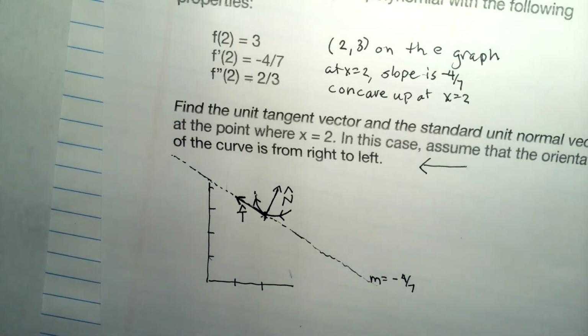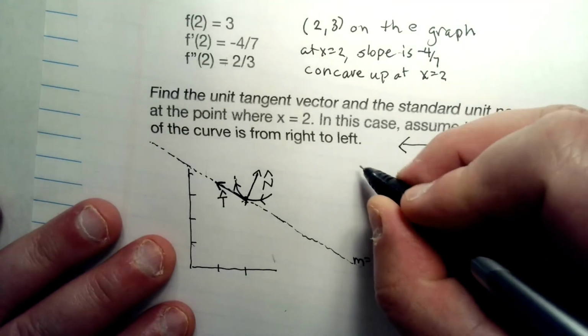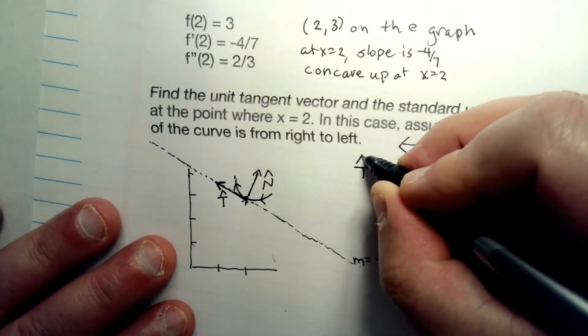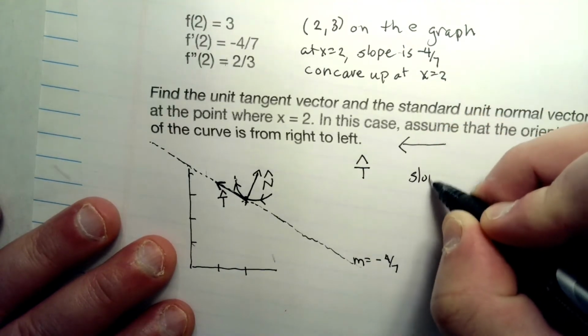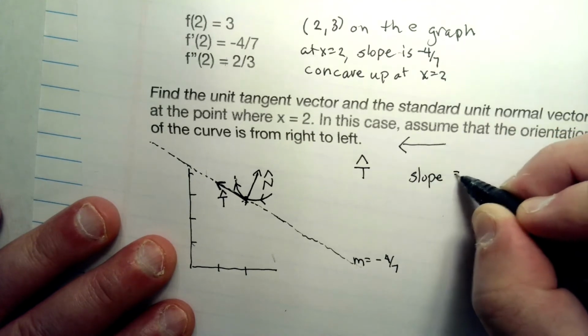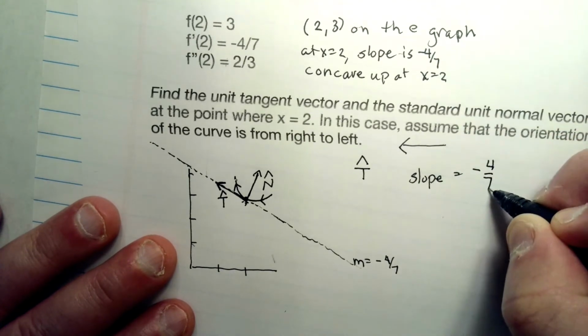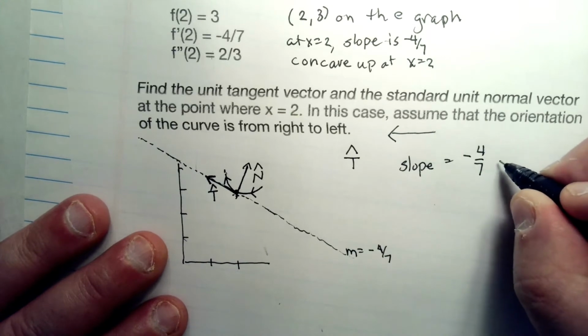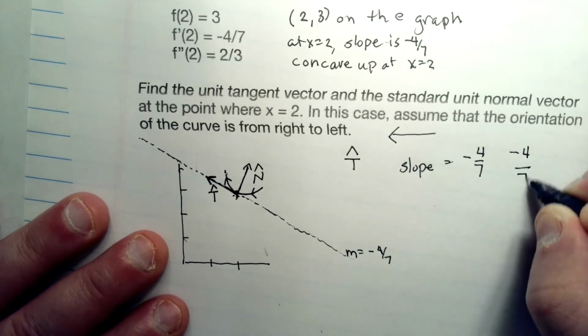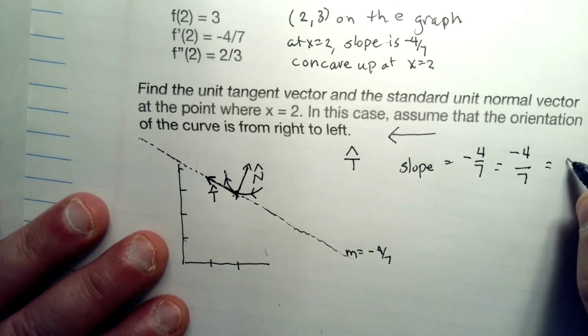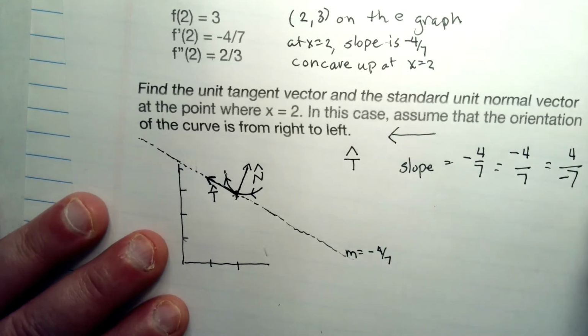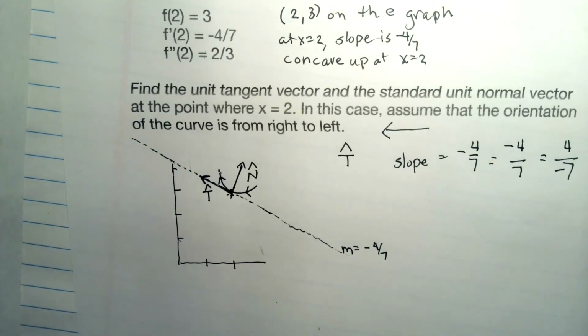All right, so let's start with the unit tangent vector. For the unit tangent vector, we know that the slope is going to be -4/7. Now we can think of that as -4 over +7, or we can think of it as 4 over -7. And which is the right way for us to think about it?